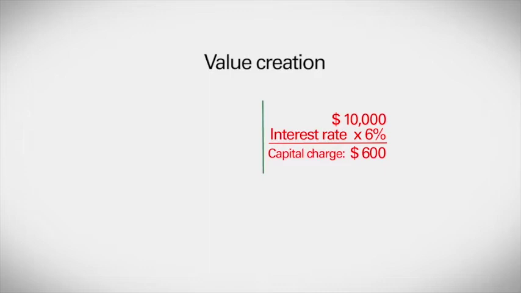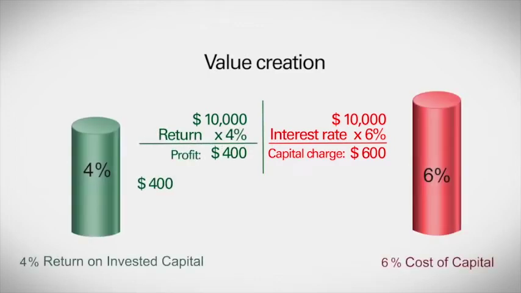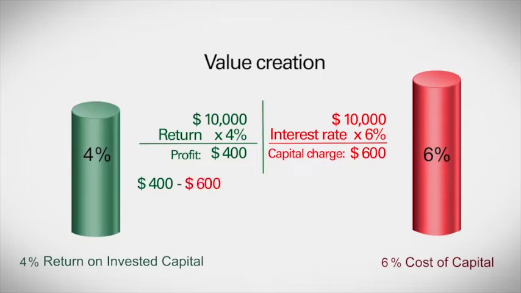That means we would have $600 of finance charge, or what they call capital charge. Let's say we invested $10,000 at 4%. That means we have $400 of profit. $400 of profit minus $600 of capital charge is $200 of negative economic value added, or EVA. Now, the rest of the world calls this economic profit, but it's basically a principle that says during a period of time, are we creating or destroying value in a dollar-based framework?